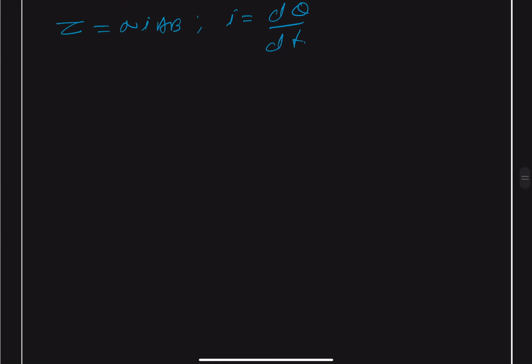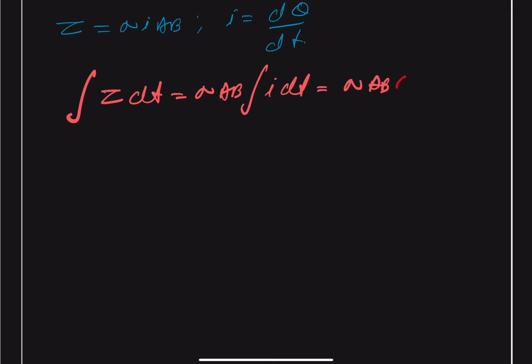Therefore integration tau dt will be equal to NAB integration of I dt, or integration of dq by dt, and that will be equal to our NAB times q.